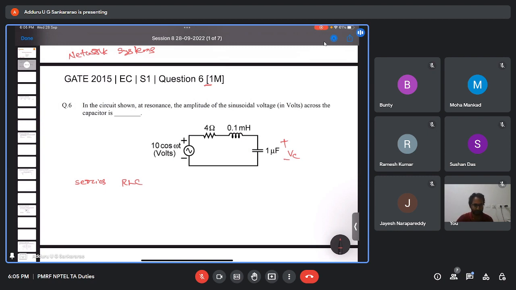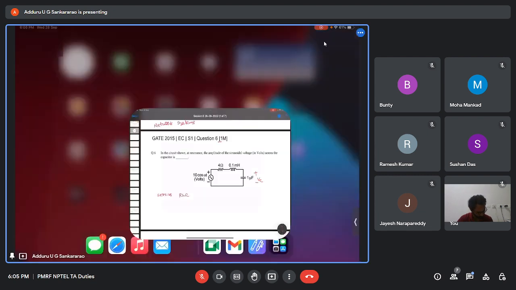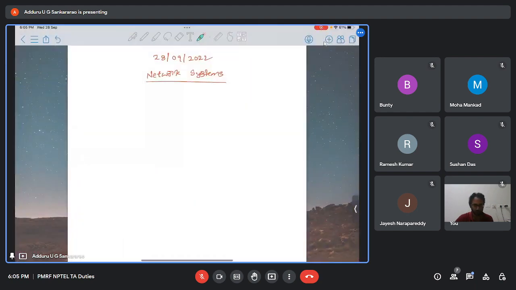Okay. So first let us understand about the resonance, and then we'll solve this problem. Let us say we consider a series RLC circuit in phasor form. I'm considering a resistance, an inductor, and a capacitor. We have some voltage source connected here, in phasor form, let us say V at some phi, so just V I'm saying.